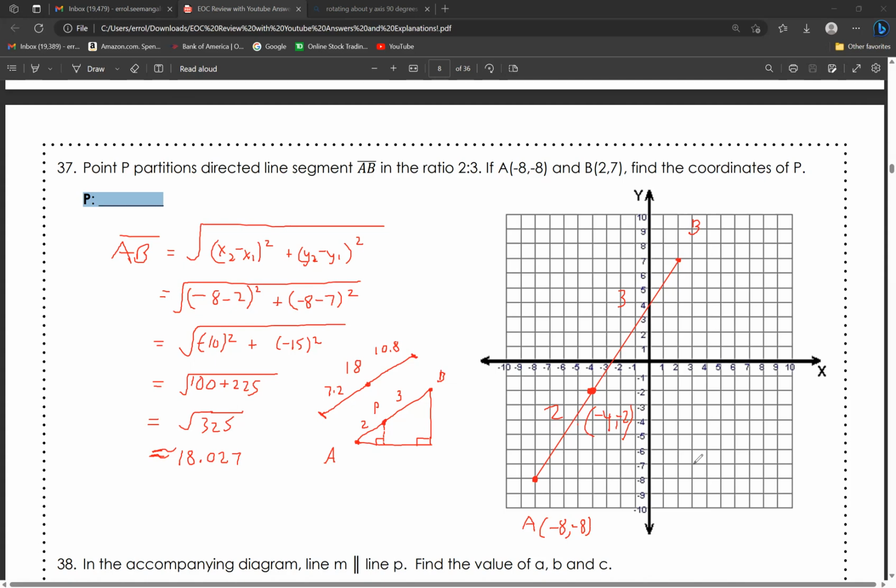You can just look on the graph and say, look, the midpoint would be somewhere here, right? It's closer to A. So I just looked at which point on AB is closer to A, that looks like 2 units here and 3 units here. So yeah, that's just one way of doing it.